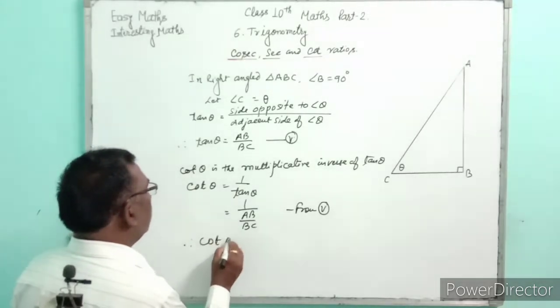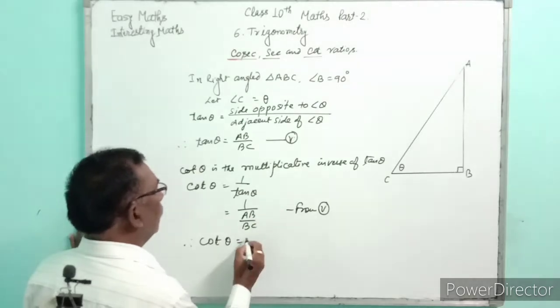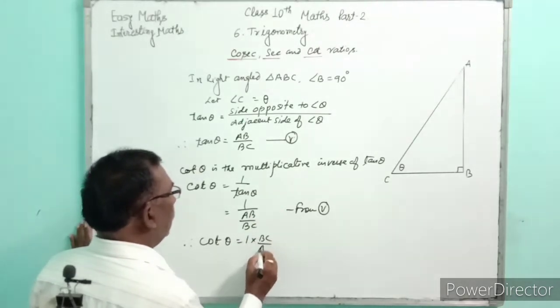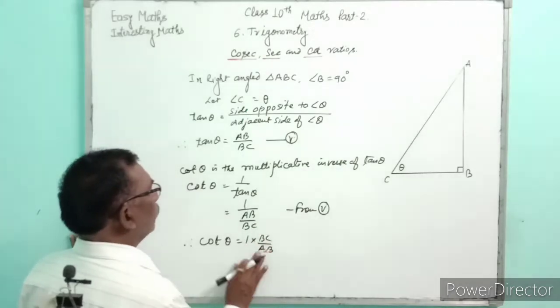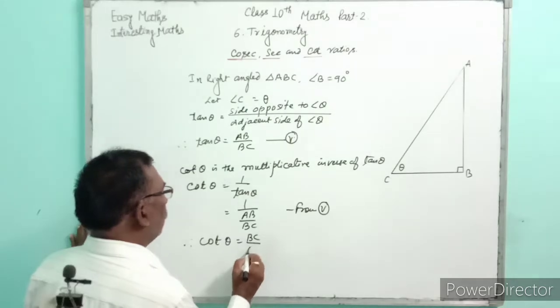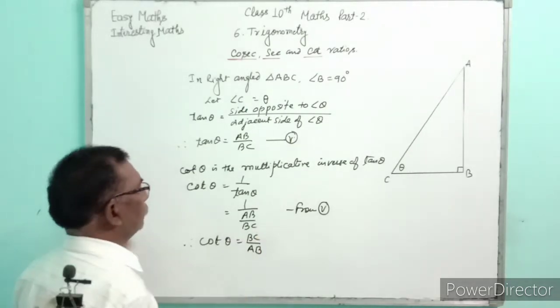Therefore, cot theta is equal to 1 divided by AB by BC, which is BC by AB.